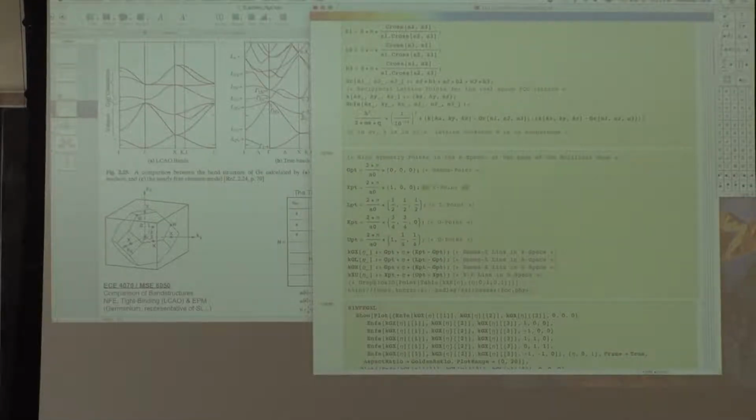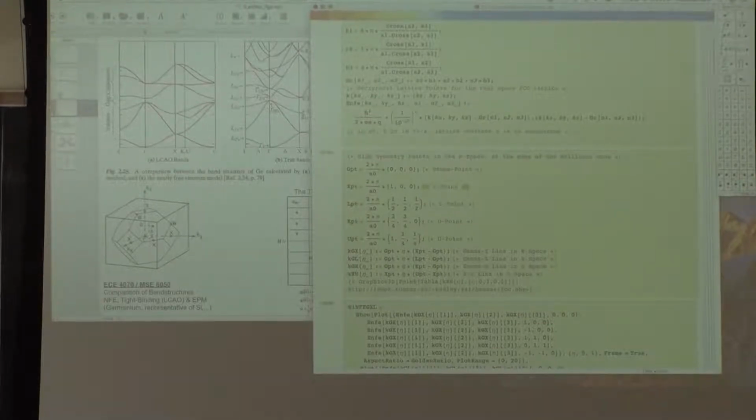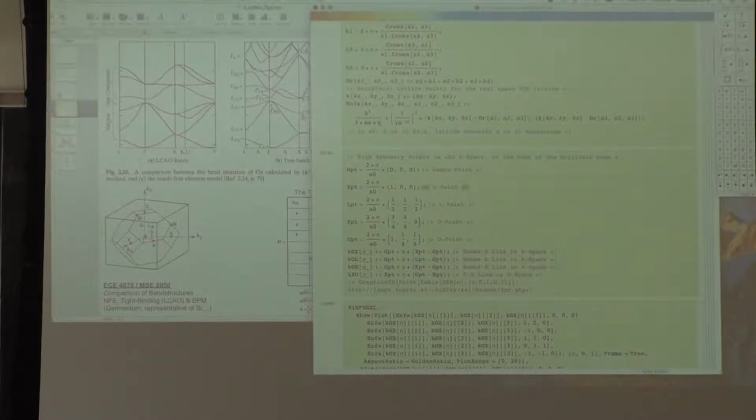Now, make sure that it is Hermitian, meaning it has complex conjugates. Generally, it should calculate. On my computer, it takes like 15 seconds or less for an 8 by 8.